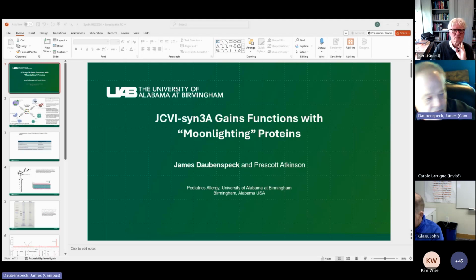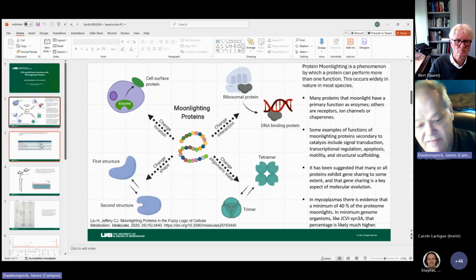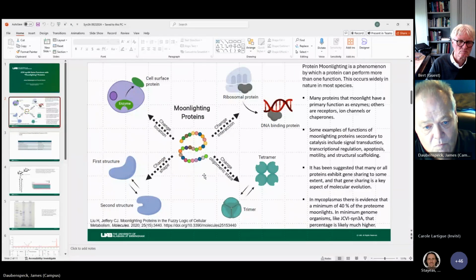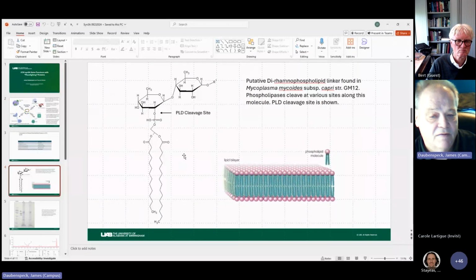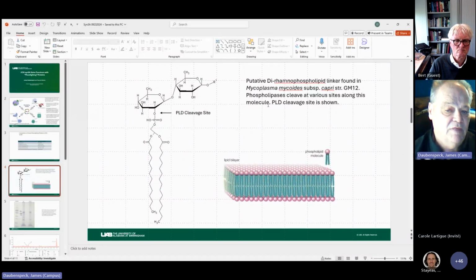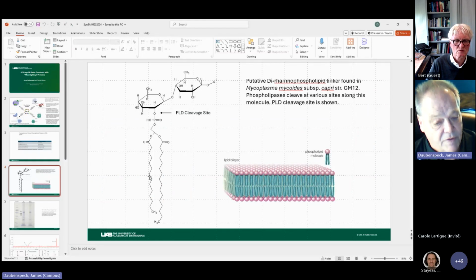And so that's the enzyme we utilize, phospholipase D. This is the mycoides subspecies GM12, the di-rhamnophospholipid linker that links these moonlighting proteins to the outer membrane surface.